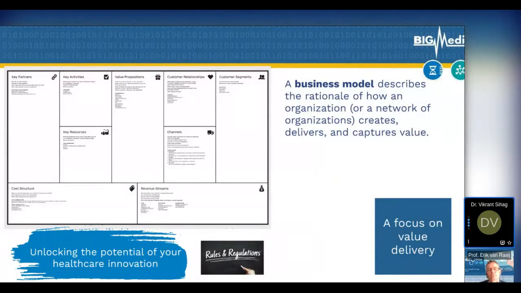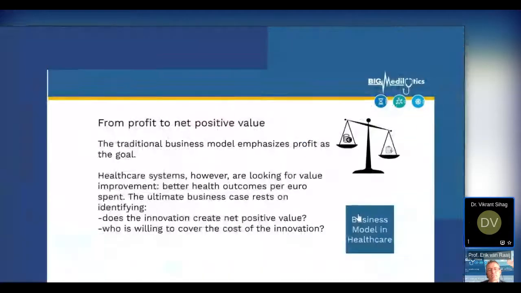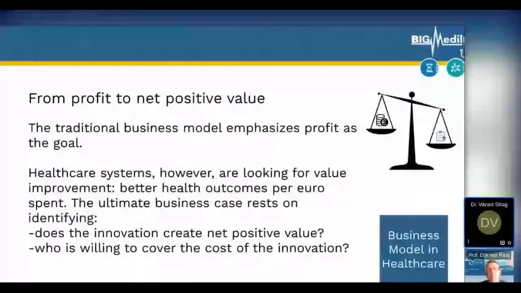So most of the organizations think about delivering profits, whereas if you look within the healthcare domain, the focus is not so much on profit, but rather about delivering value to the customer, and in this case mostly patients.